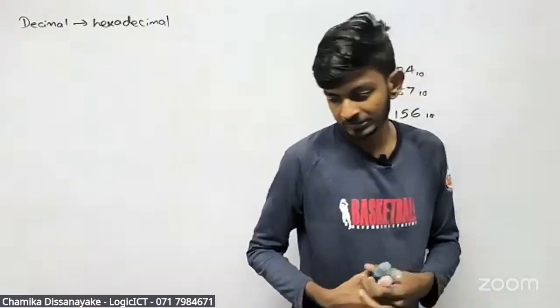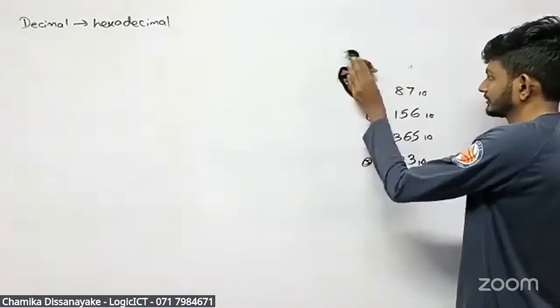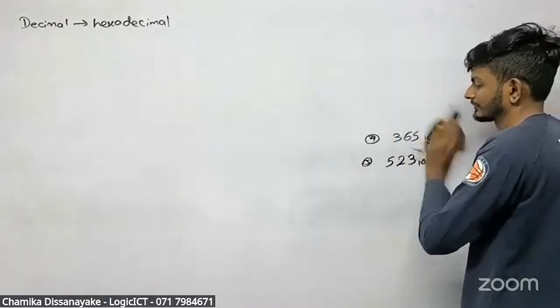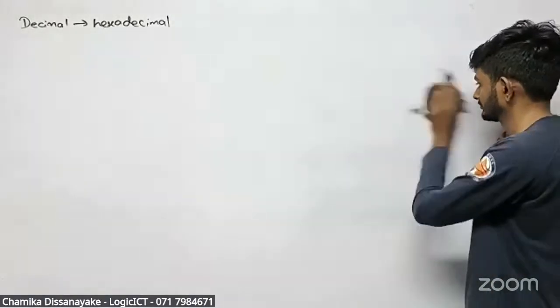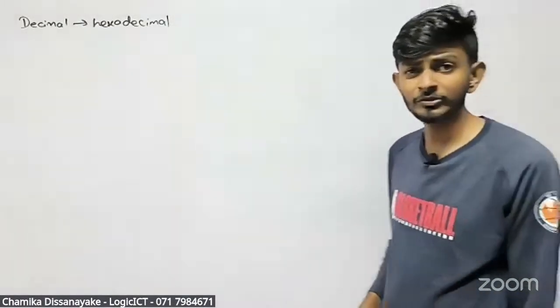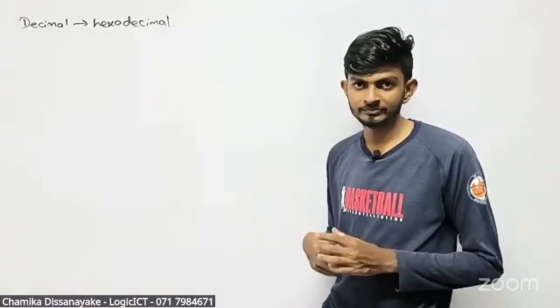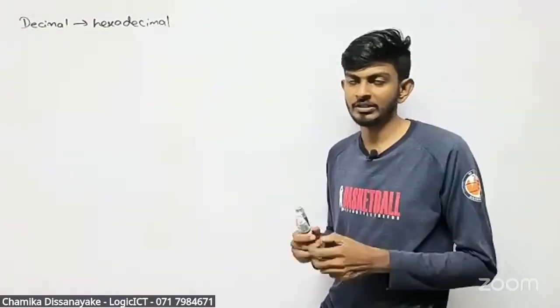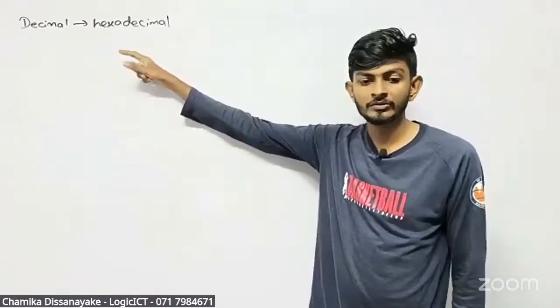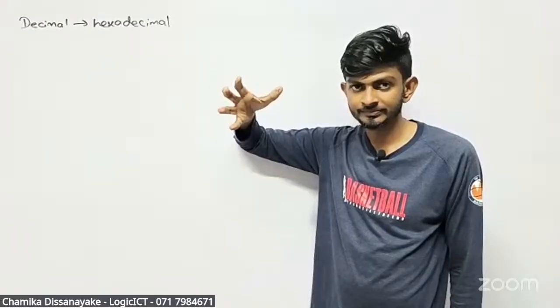The method is same, but there are several things you have to learn when we convert to hexadecimal. I told you the method is same. That means if we have a decimal number, we have to divide that decimal number by 16 and keep the remainders.